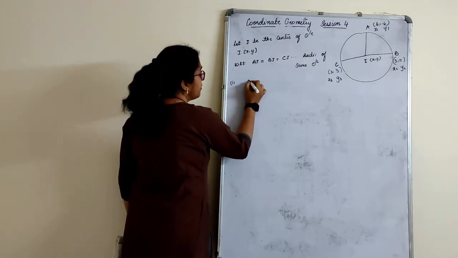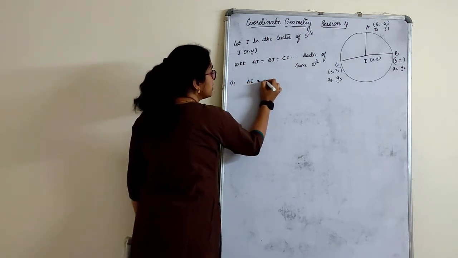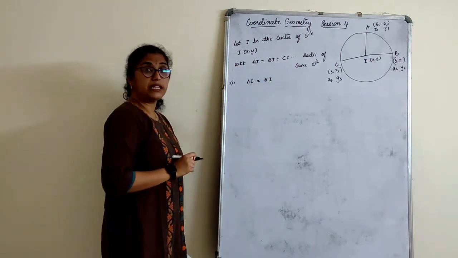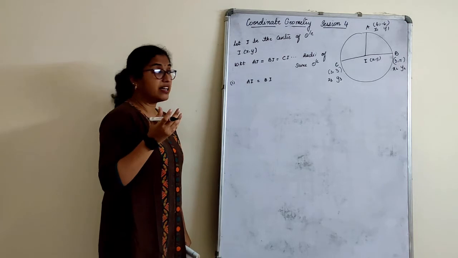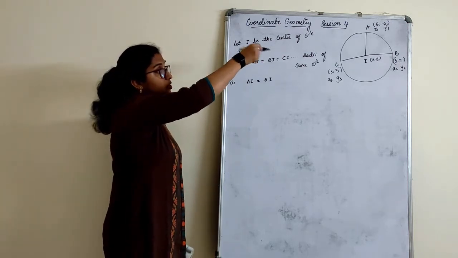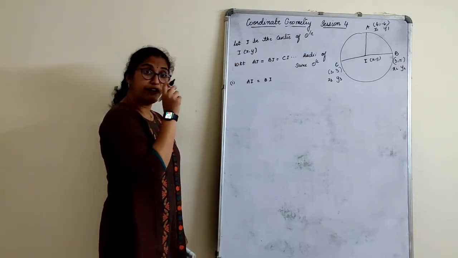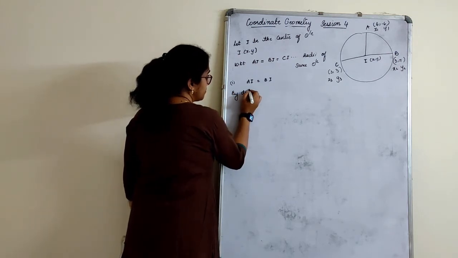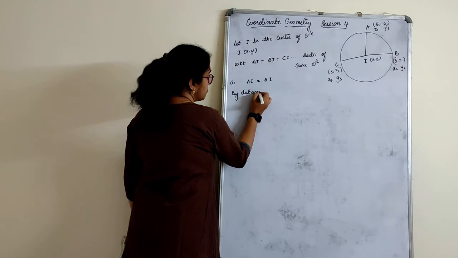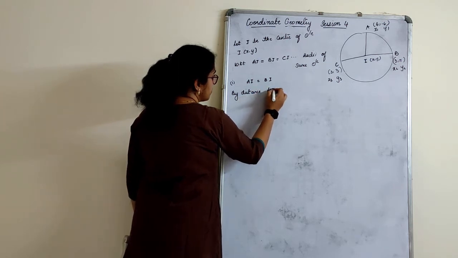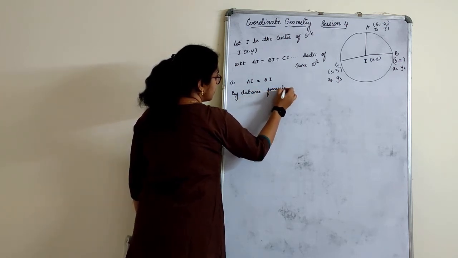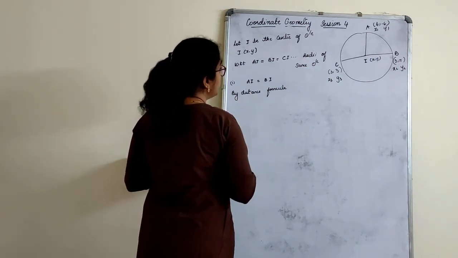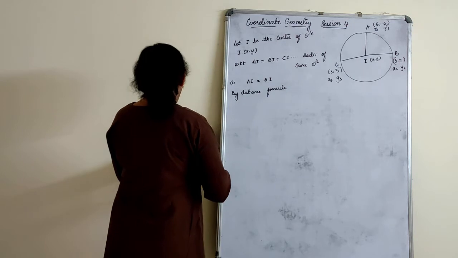In this one, I will consider AI is equal to BI. That means I need to find the distance of AI and BI. How can I find the distance? I should know the coordinate x and y. So I'll find the distance now by distance formula. Right? So let's apply the distance formula for the given coordinates x and y separately.